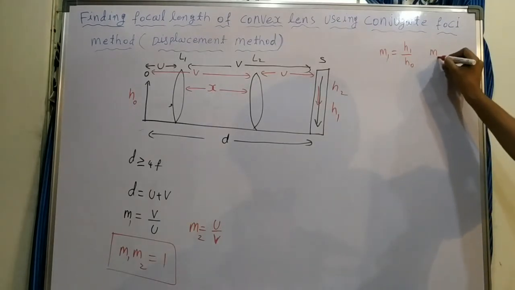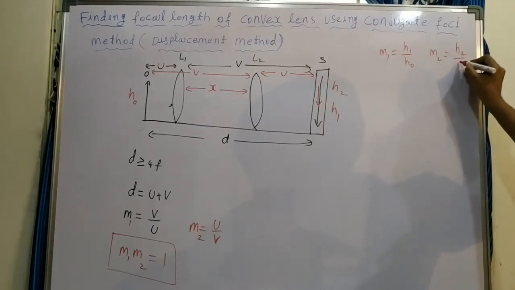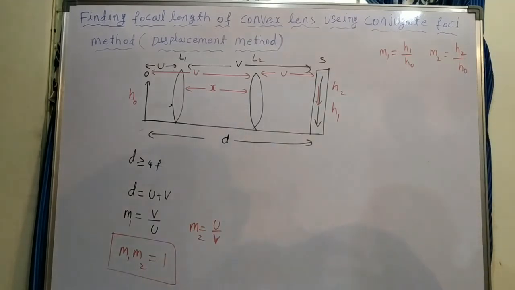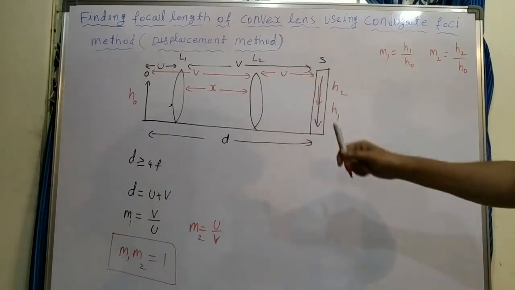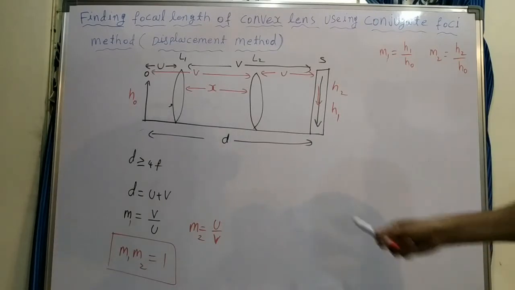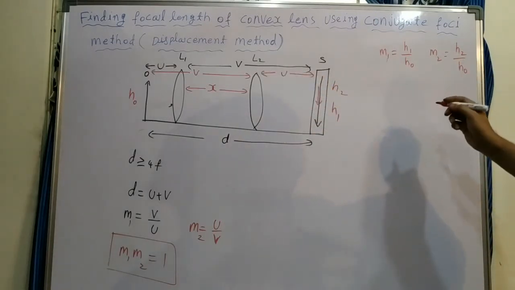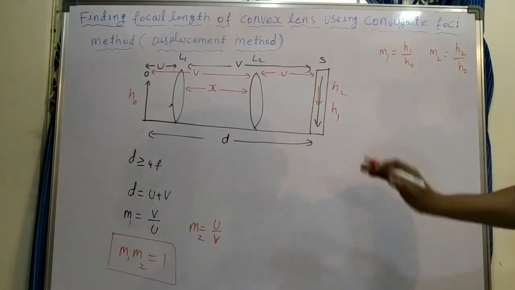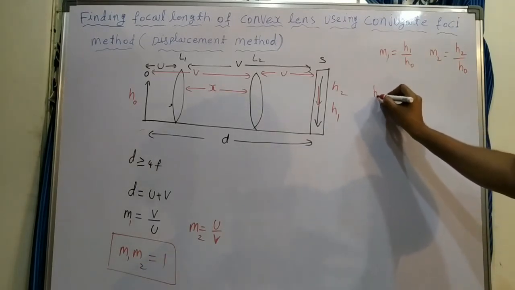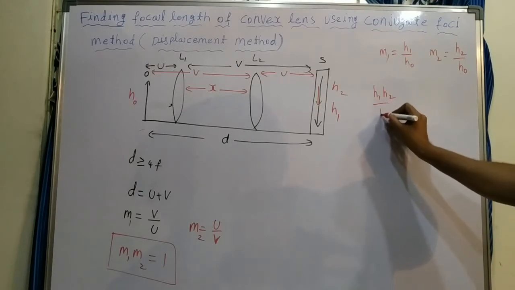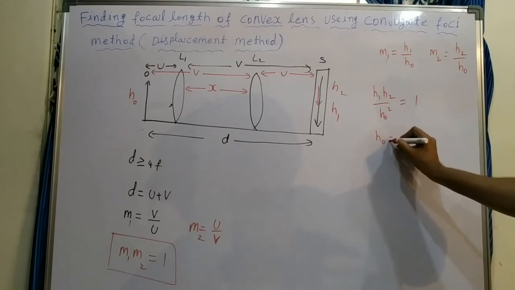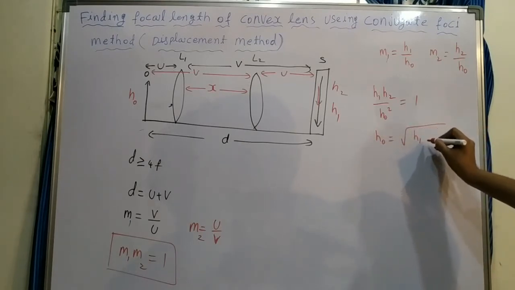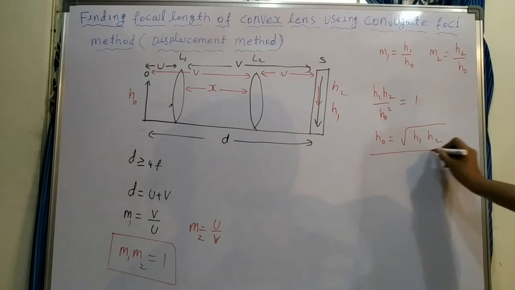Second case, M2 is equal to H2 by HO. Magnification we can write as image height by object height. In both cases the height of the object is the same. If you multiply these two, you get 1. From that, H1 into H2 by HO square is equal to 1. So the height of the object is equal to the square root of the height of the image in the first case times the height of the image in the second case.